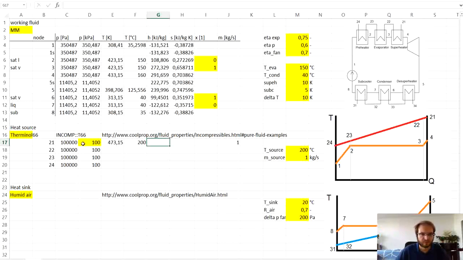So now at this first point we can already get the value of the enthalpy, because we have the temperature, we have the pressure, and it's a single phase fluid. So we can actually borrow the function, for example, from the subcooled state of the working fluid. And we want enthalpy as a function of temperature, pressure, and the working fluid will change to this INCOMP::T66.